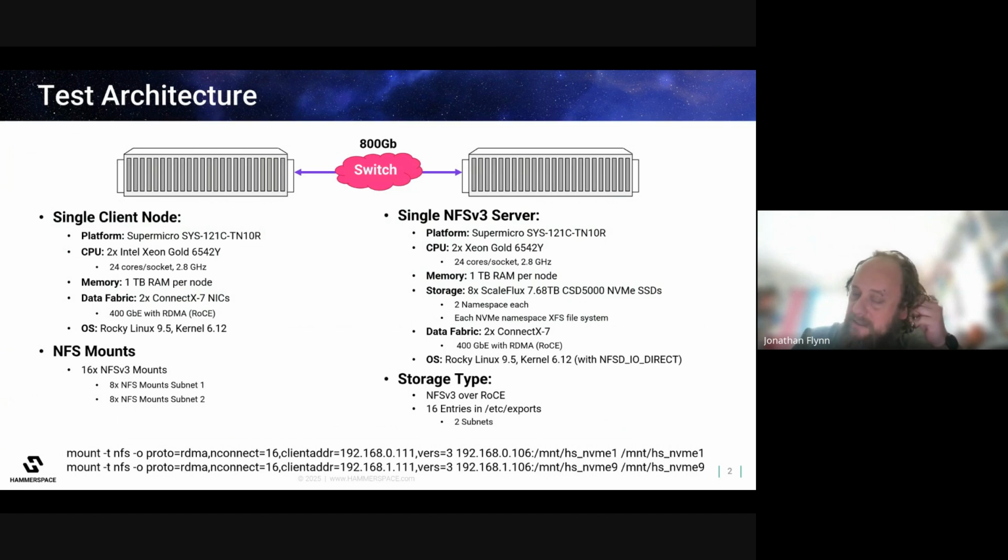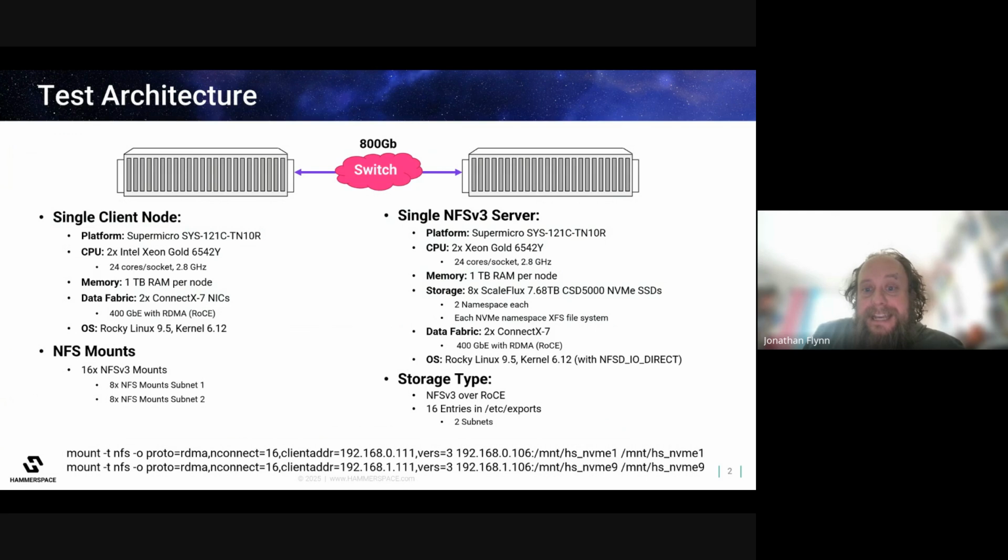The idea here is that this is a kind of hero performance lab, so we can show large scale and then scale down as needed. I am running Rocky 9.5 on both the client and the server with Mike's kernel enhancements on the NFS server side. So in the end, it's NFSv3, and I've simply exported each namespace of the NVMe drives as their own export.